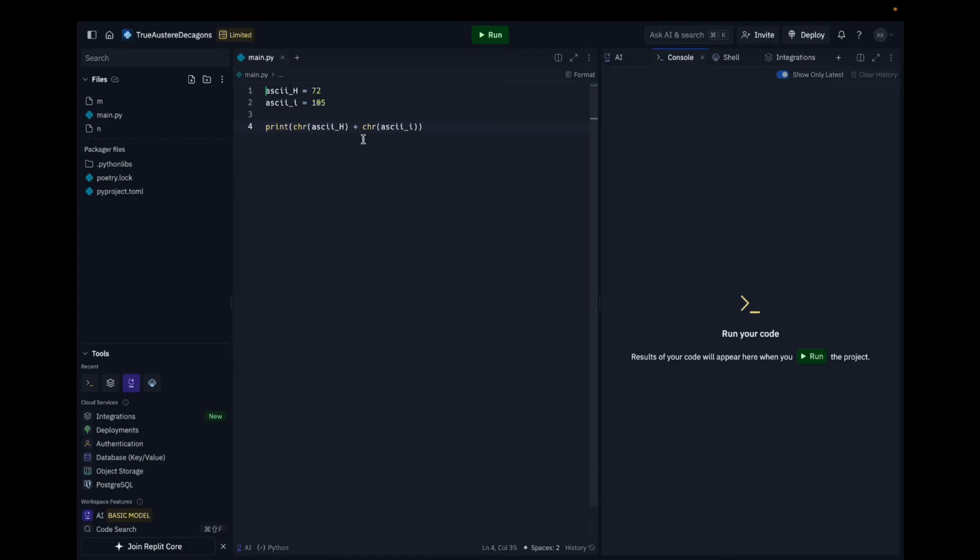So if it has the small letter i, it's 105, and the front value ASCII H equals 72, so it's taking number 72 out of that library basically, and then we print the number 72 character and the number 105 character, and it will result in hi.